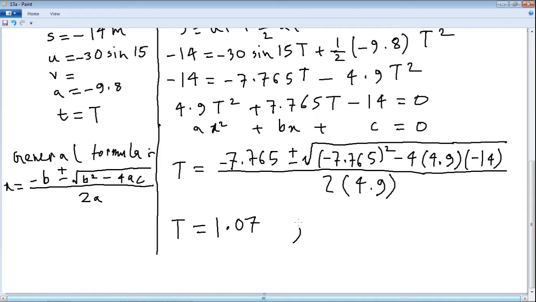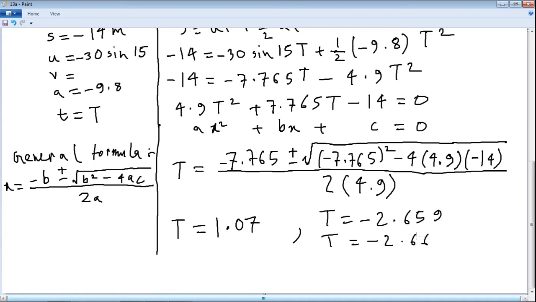So the second answer comes as minus 2.659. If we round off this one, we get 2.66.